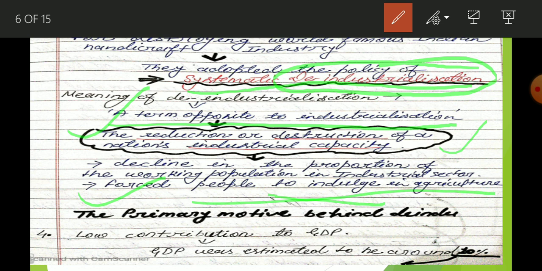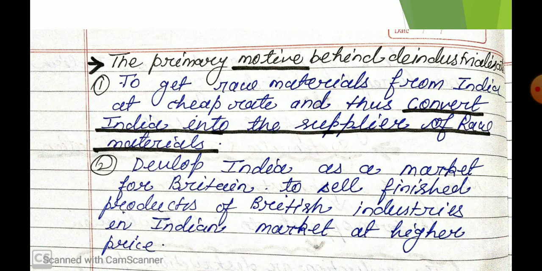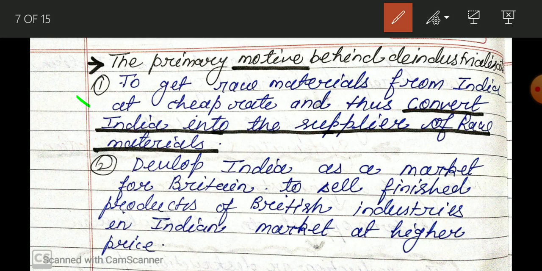So what was the motive of the Britishers behind this systematic deindustrialization, the destruction of handicraft industry? Let us understand it. The primary motive behind deindustrialization: first, to get raw material from India at a cheap rate, and thus convert India into a supplier of raw material.